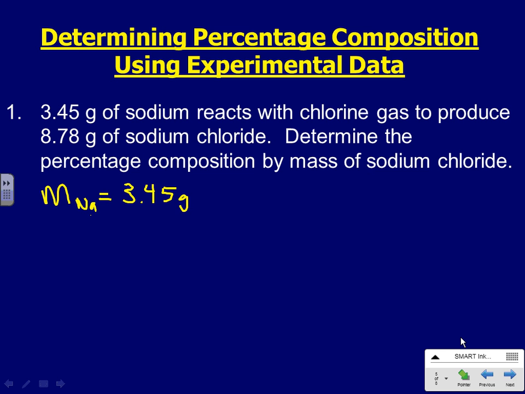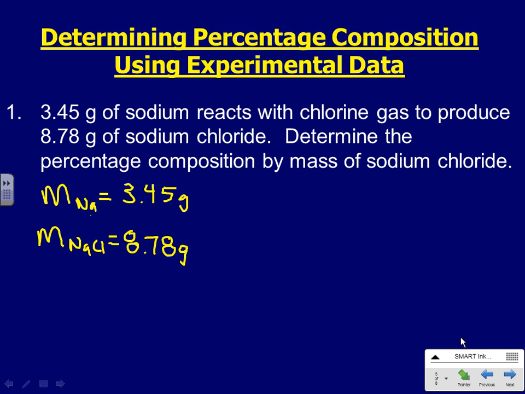We don't care how many atoms are in there. We don't care how many moles are in there. We could calculate it, but we're looking at it from a standpoint of experiment. We're not thinking about theoretical moles or things like that. I have a mass of NaCl, and that's 8.78 grams.